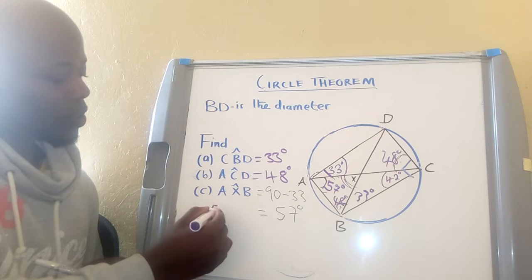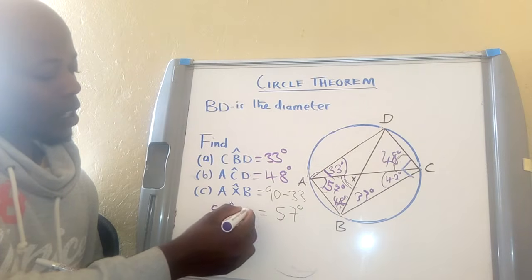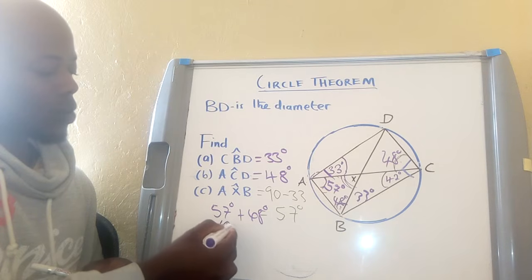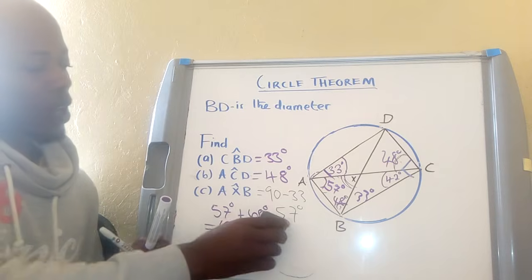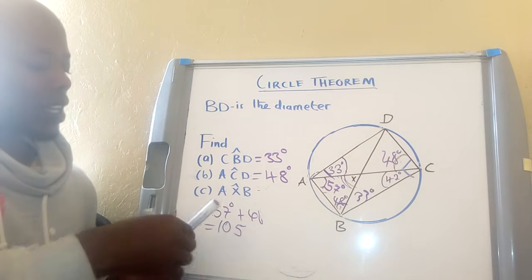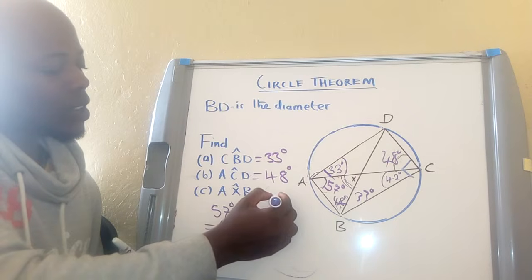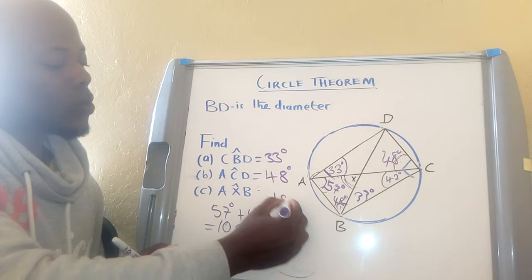So if we say 57 plus 48 degrees, it will give us 105. Since it's a triangle, we use the property of a triangle, which says all these angles, when you sum them up, are supposed to give you 180.